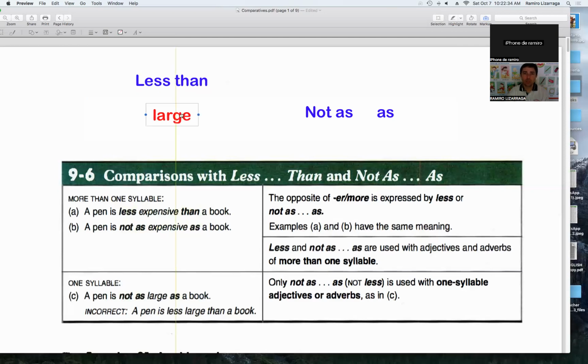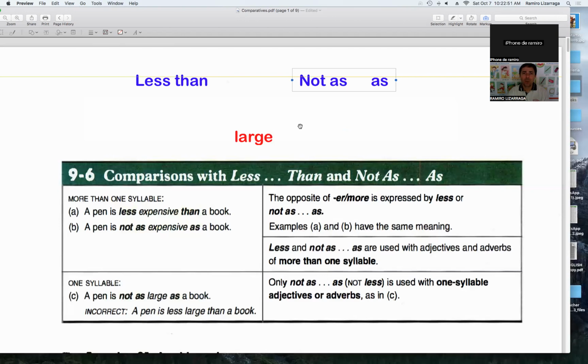But in this case, not as can be used. Yes, we can use large with not as. Not as can also be used with more than two syllables. Less than has to be used with adjectives or adverbs that have more than two syllables.